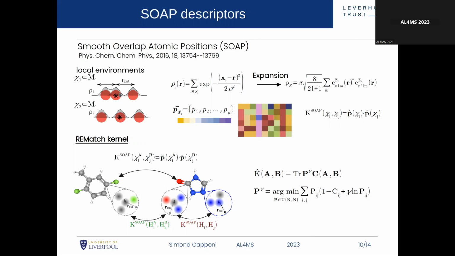And the peculiarity is that each atom is represented by its own density, which is described as a Gaussian distribution. And the local environment is quantified or described by the atomic density, which is given by the sum of the densities of the atoms.